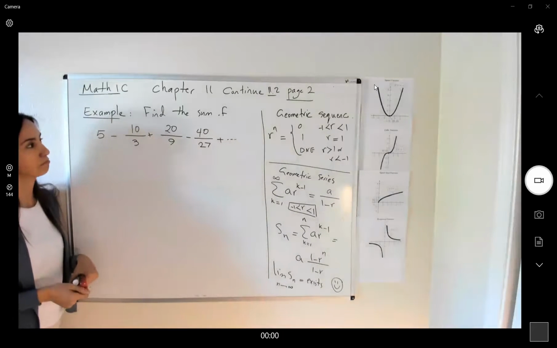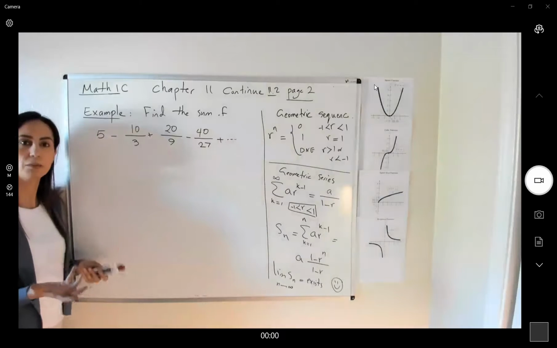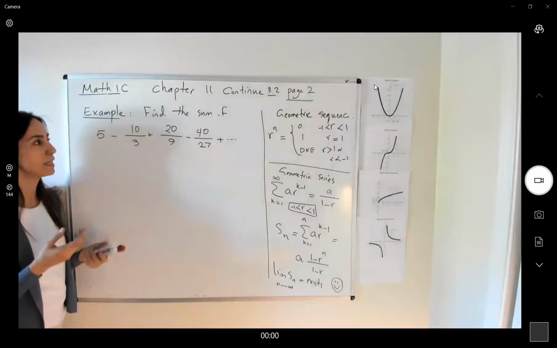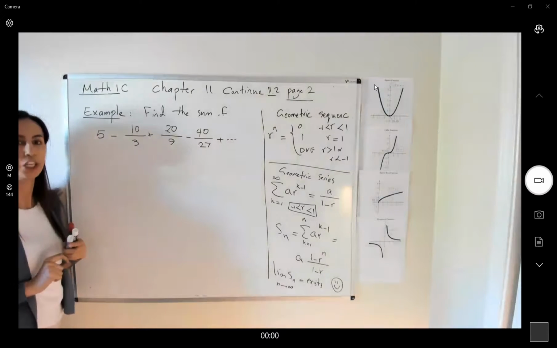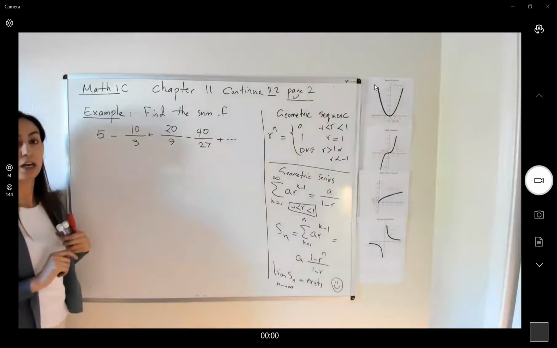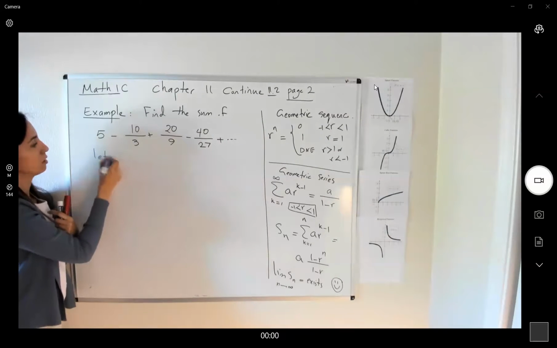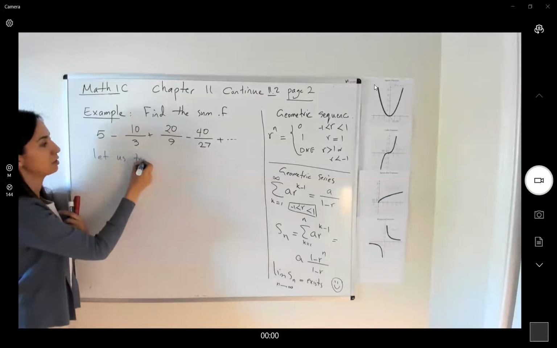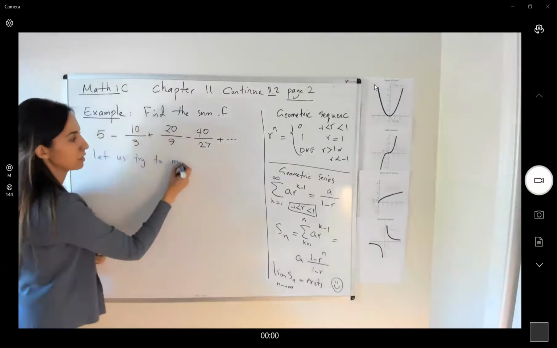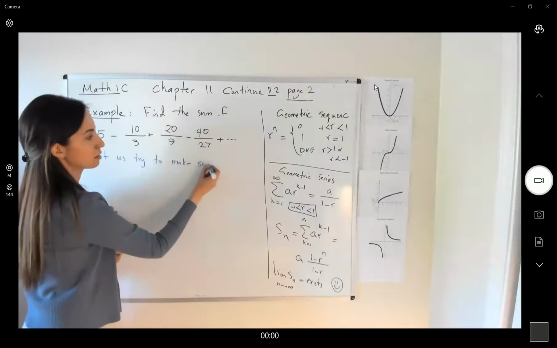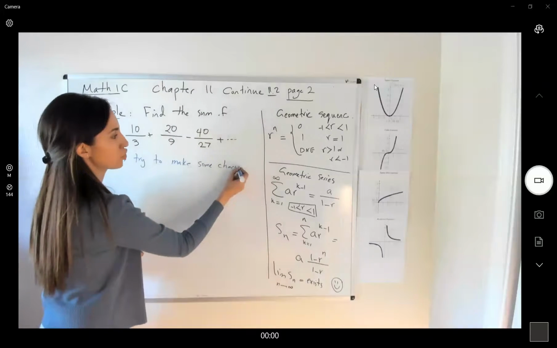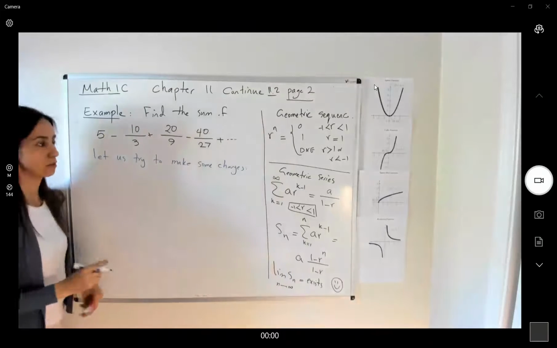There you go. So it seems like if I make some little algebraic changes, I can form a geometric series. So let us try to make some changes here.